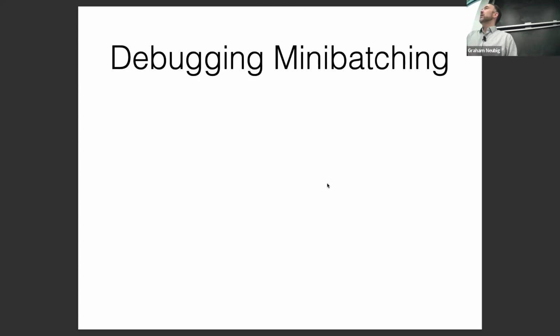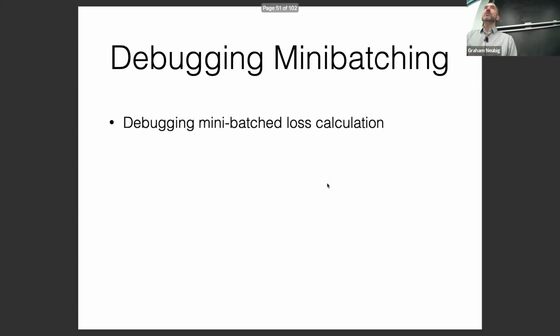So how do we make sure that we're not making any mistakes here? There's a really simple way to debug any sort of mini batched loss calculation. Normally when we mini batch loss calculations, we're simultaneously calculating the loss for 4 or 8 or whatever sequences at a time.